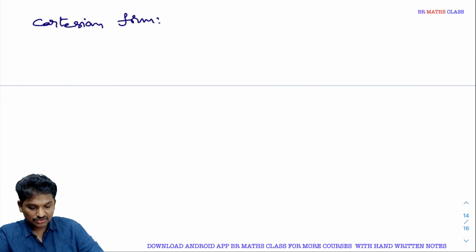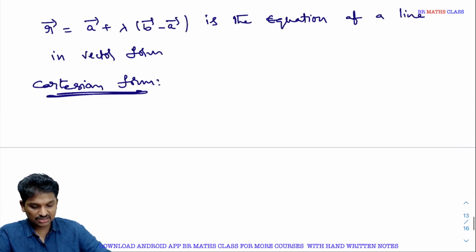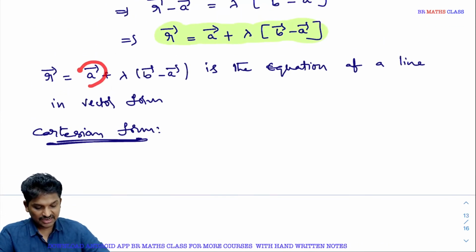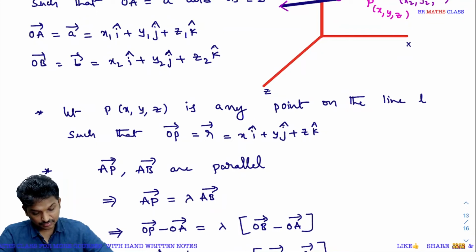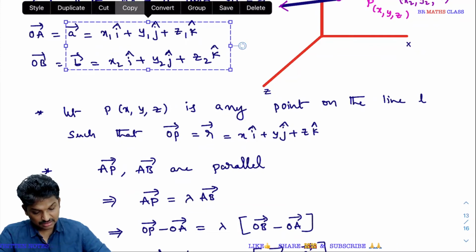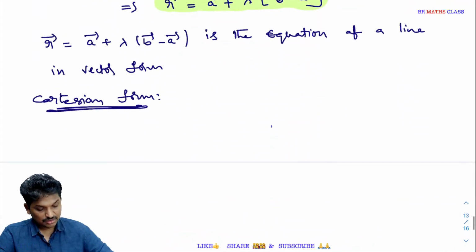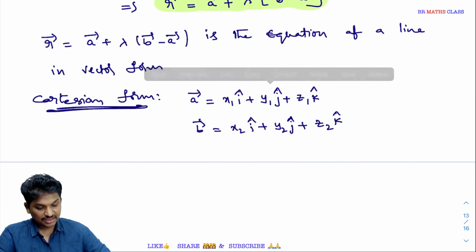Cartesian form. So, in this formula, what are the things we need? Look here, we need A bar, B bar, R bar. All those things are there here. These are A bar, B bar.